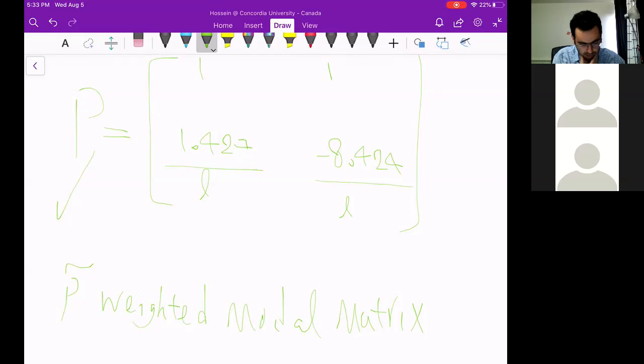The weighted modal matrix is just, you have to divide this. Chapter 6, I have to go from here.